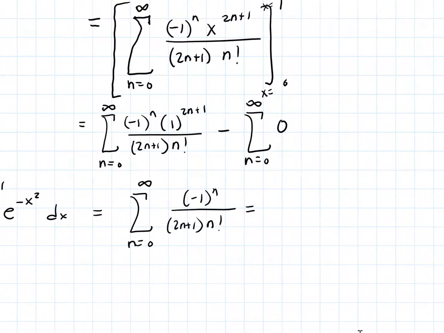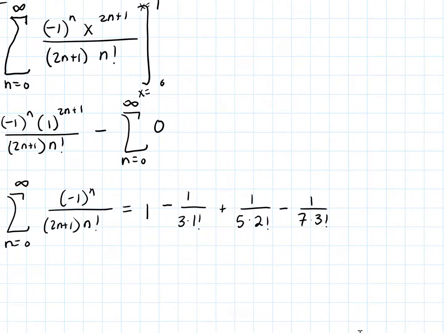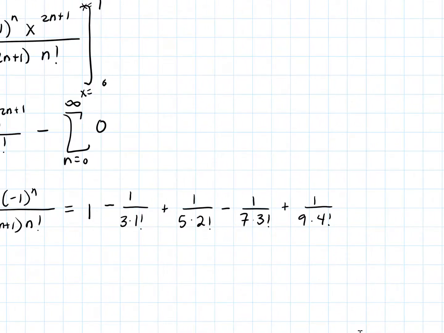which if I start to expand that out, right, we could actually look at that. If I expand that out, that's going to be 1 minus 1 over 3 times 1 factorial plus 1 over 5 times 2 factorial minus 1 over 7 times 3 factorial plus 1 over 9 times 4 factorial minus 1 over 11 times 5 factorial.